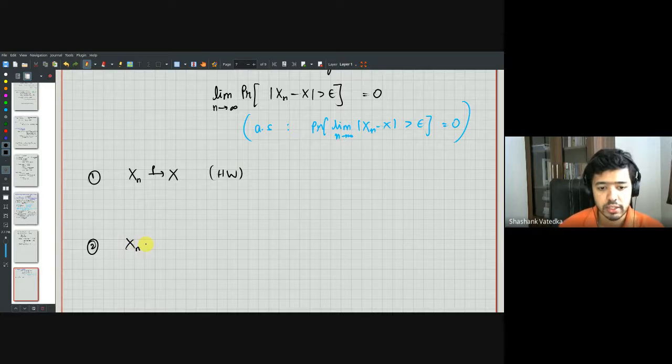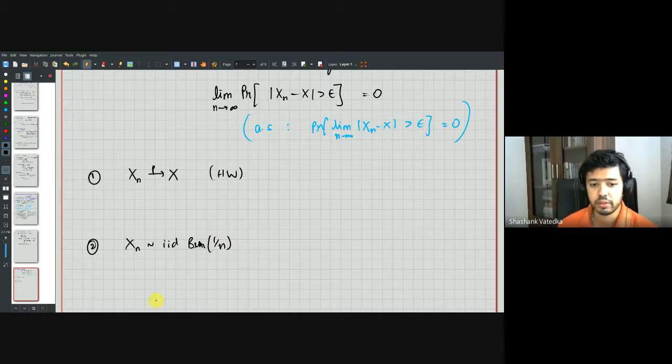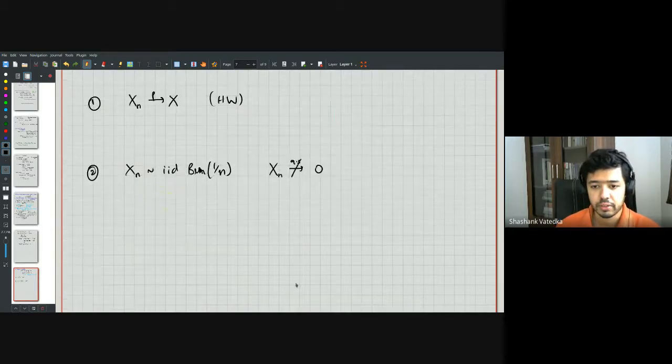Here Xn is IID Bernoulli 1 over n, right? Each Xi is IID Bernoulli 1 over i, and we saw that this does not converge almost surely to 0. So let's see if Xn converges in probability to 0.